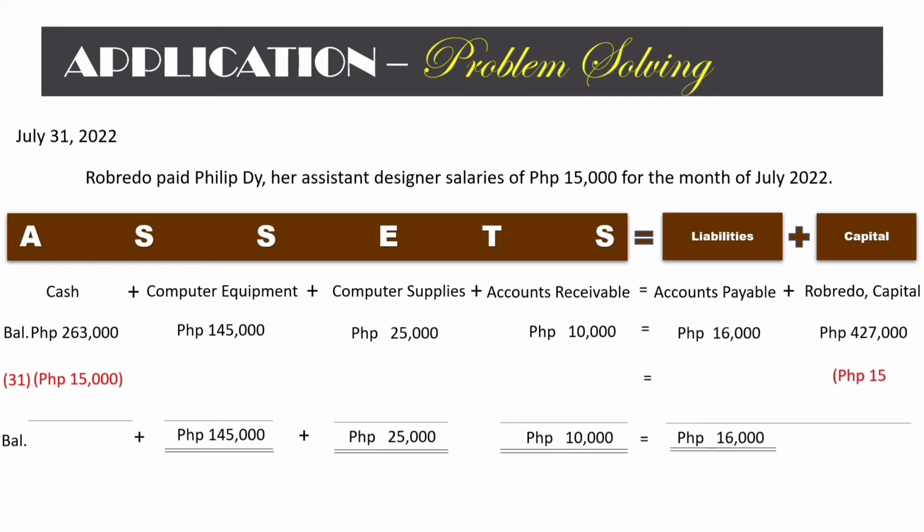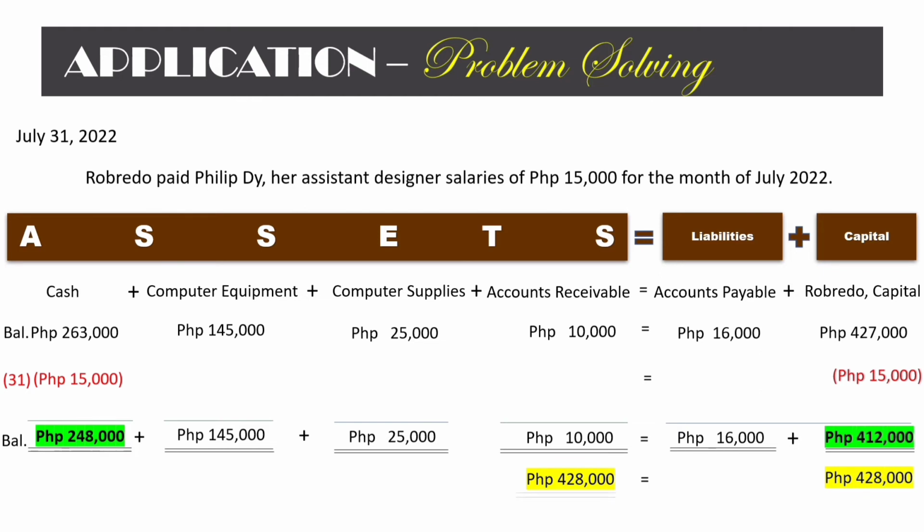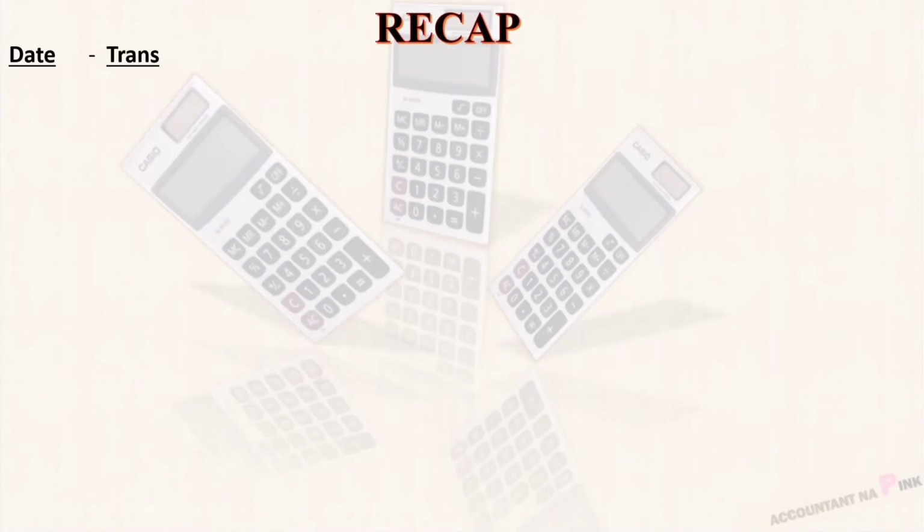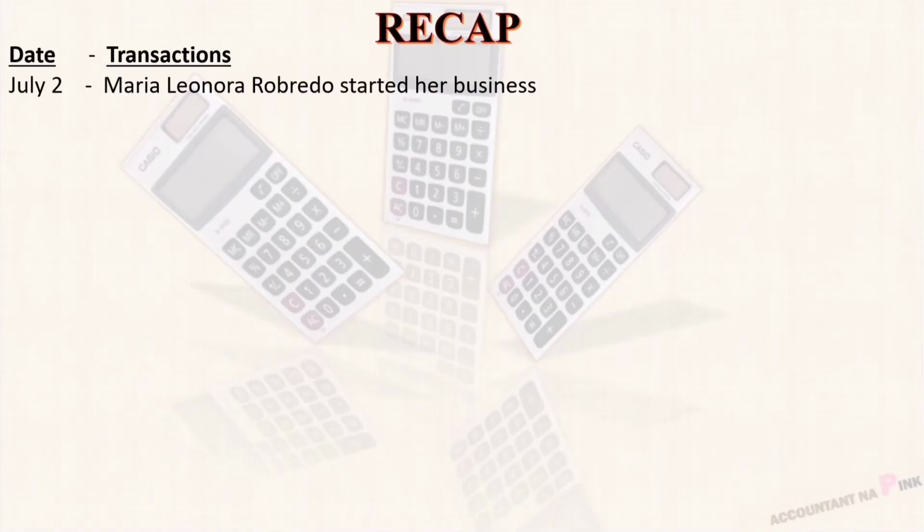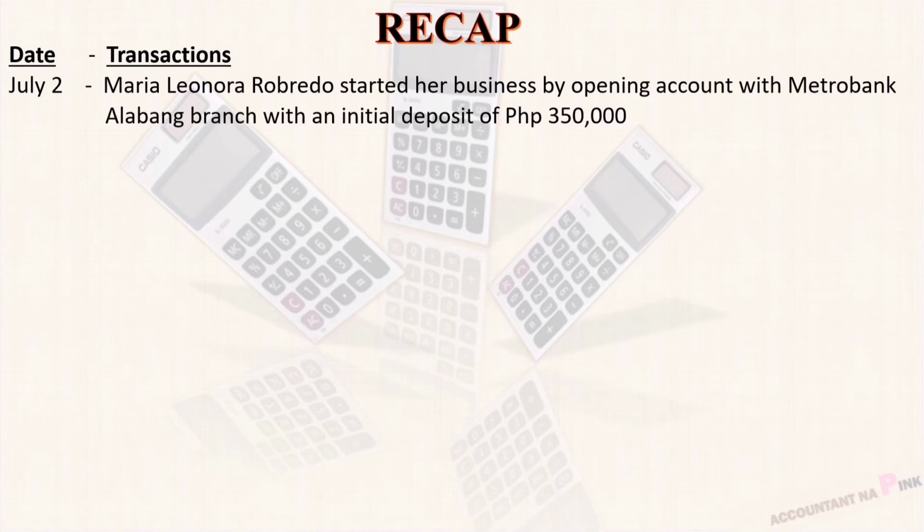At the end of the month, the correct balances should be cash, 248,000 pesos, computer equipment, 145,000 pesos, computer supplies, 25,000 pesos, accounts receivable, 10,000 pesos, total assets is now 428,000 pesos. While on the right side of the equation, accounts payable is 16,000 pesos, while capital left is 412,000 pesos, resulting to a total of 428,000 pesos, which is balanced with the total assets.